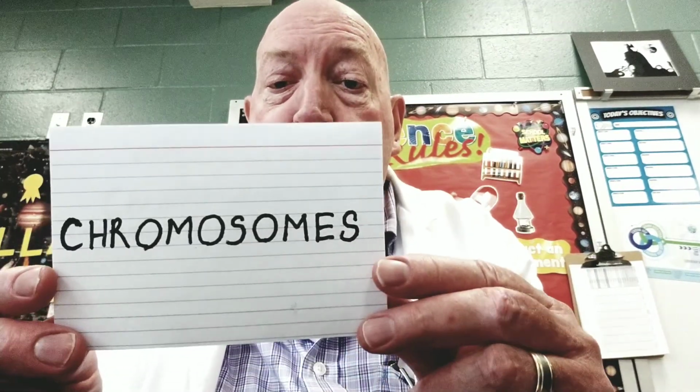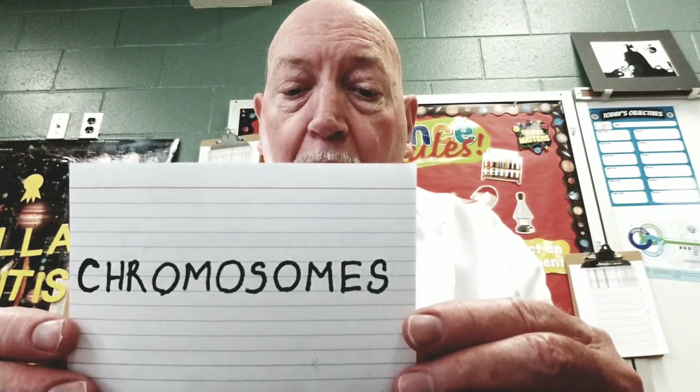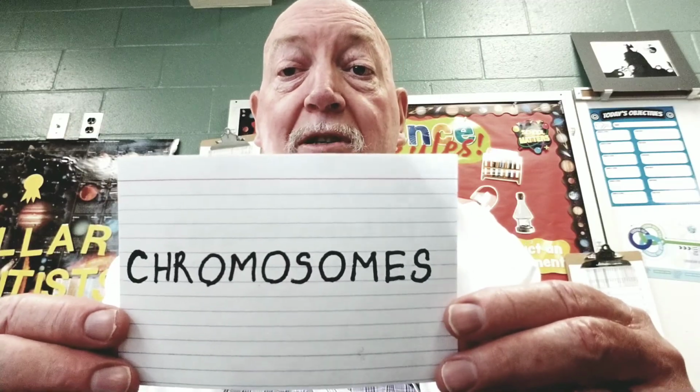Chromosomes. Chromosomes are bundles of DNA. They give the code for different organisms. All organisms have a different number of chromosomes, and the DNA in the chromosomes is arranged differently for everything.